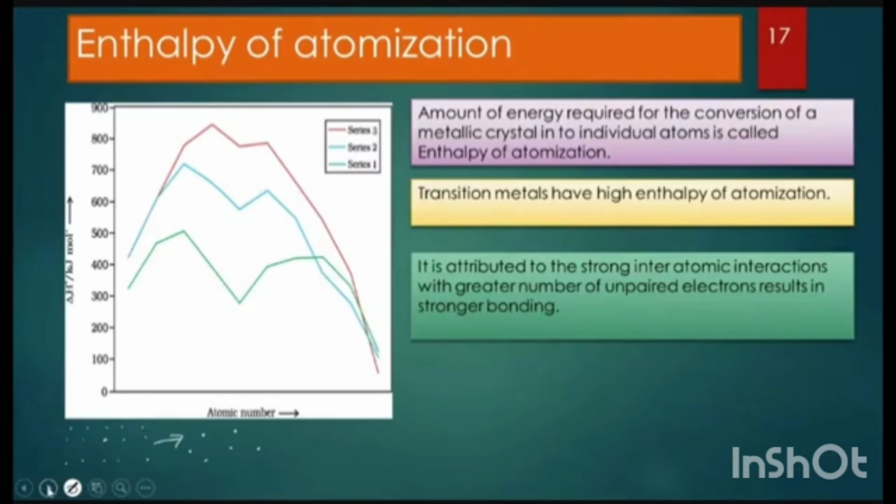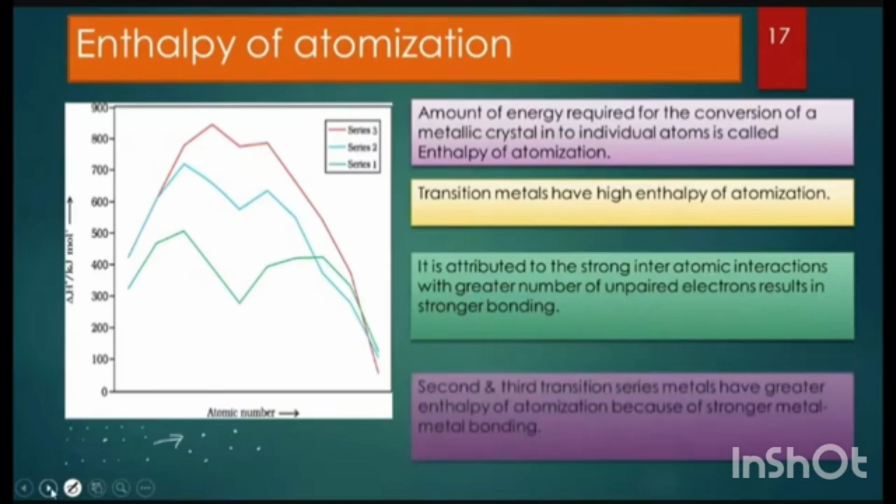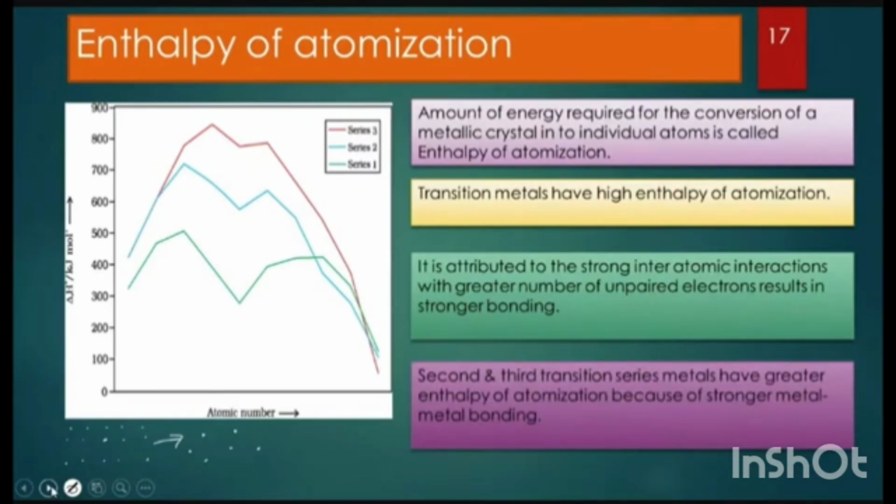That is why all transition metals have high enthalpy of atomization. Second and third transition series metals have greater enthalpy of atomization because of stronger metal-metal bonding. Why do they form stronger metal-metal bonding? It is due to the availability of a greater number of unpaired electrons.